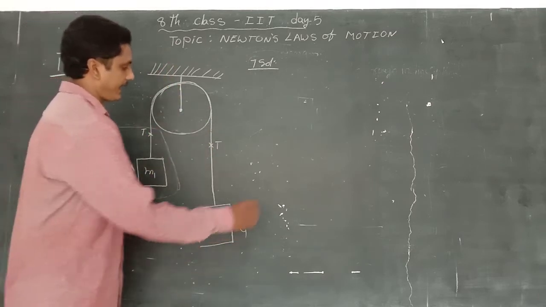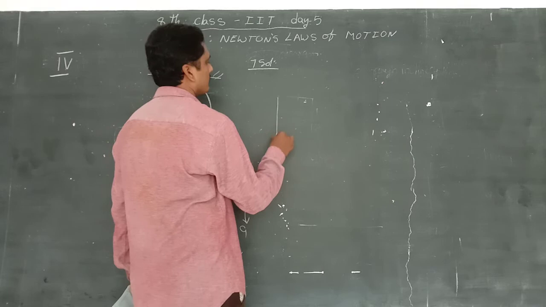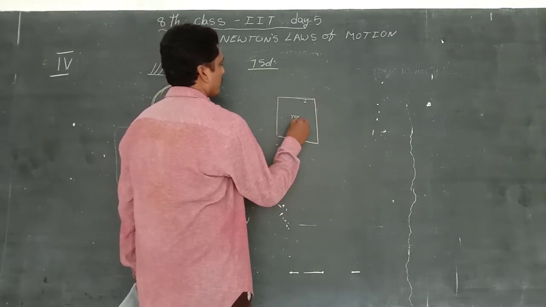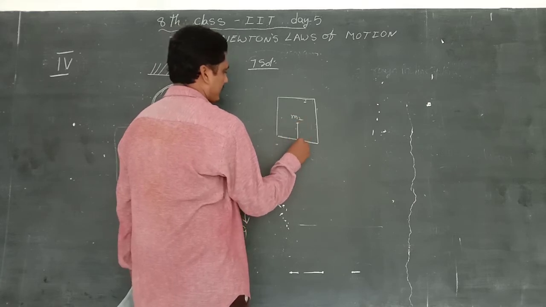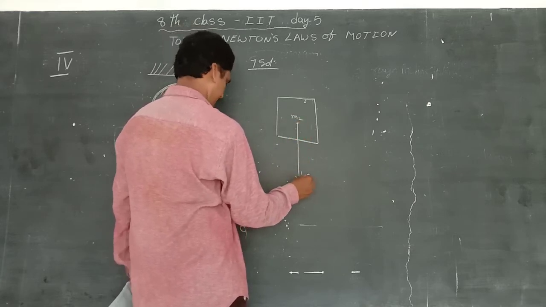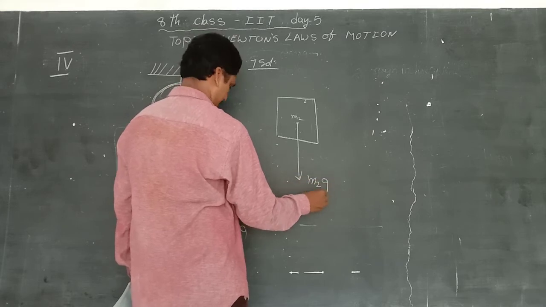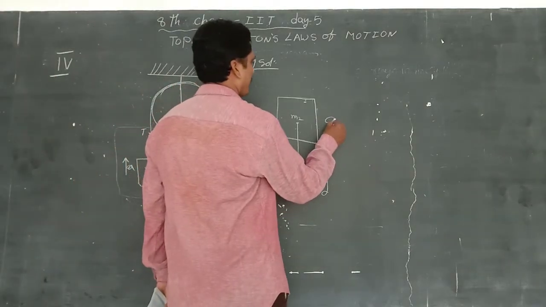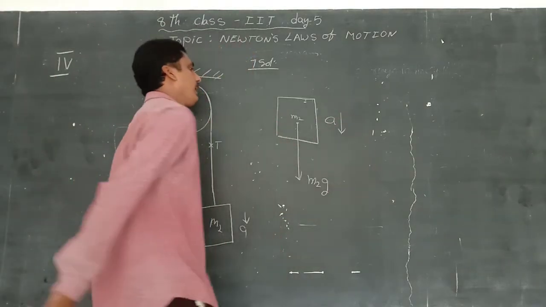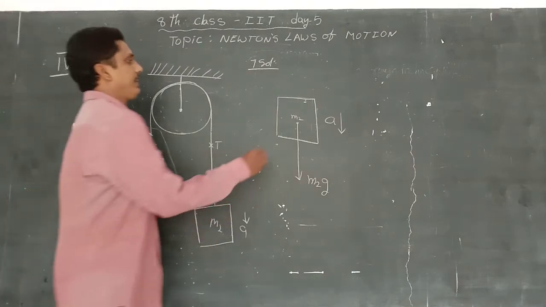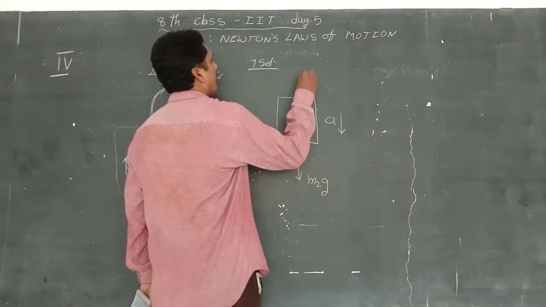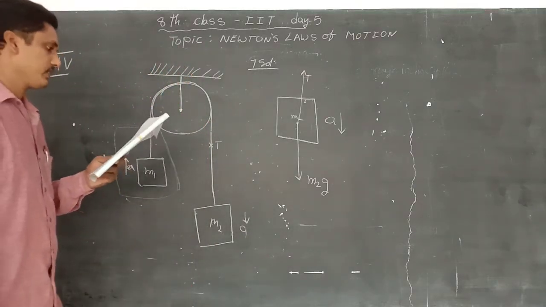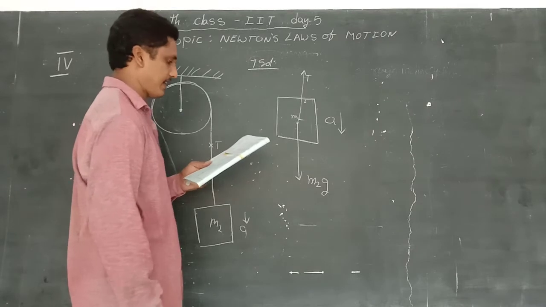Free body diagram of M2. Mass M2. Weight of the body acts vertically downward direction, that is M2 g. Acceleration of this body acts vertically downward direction. Tension in upward direction. This is the second option, which is correct.